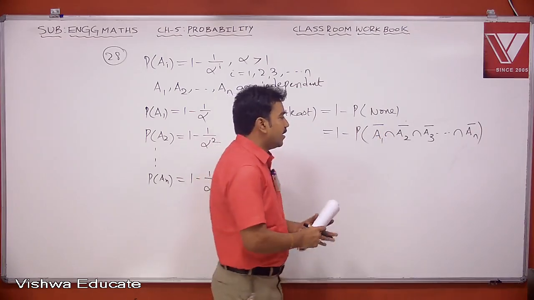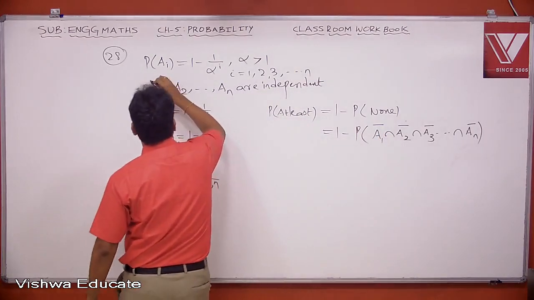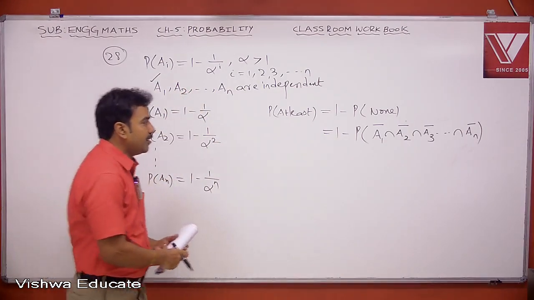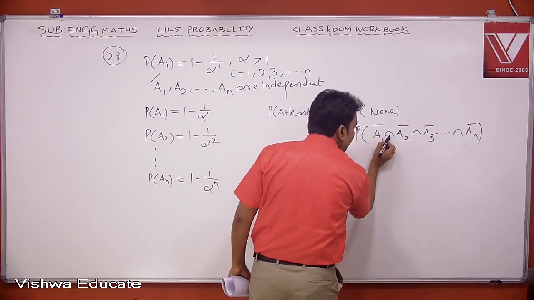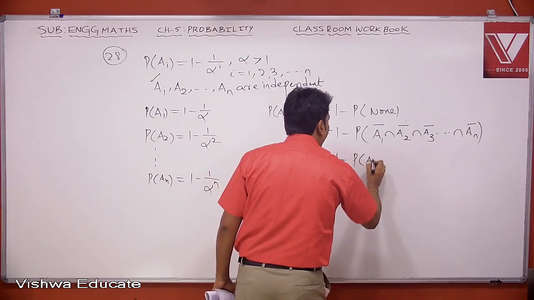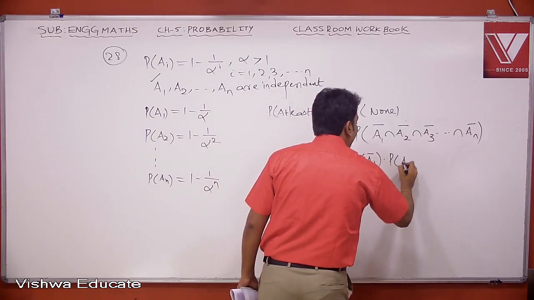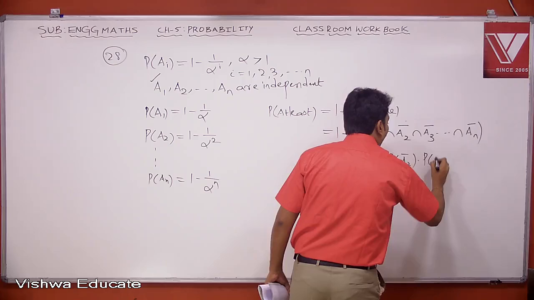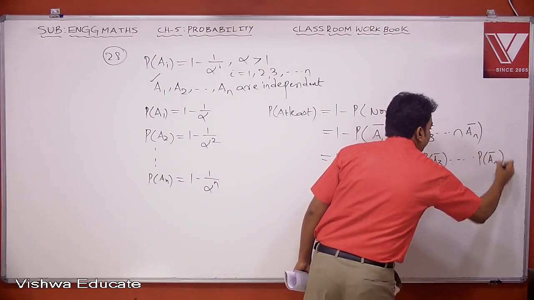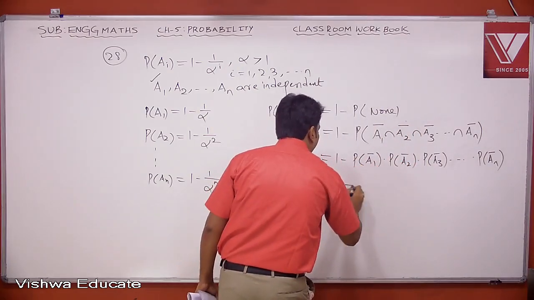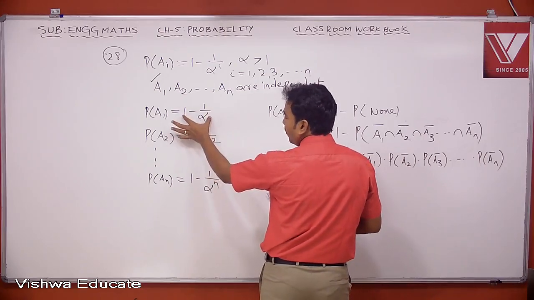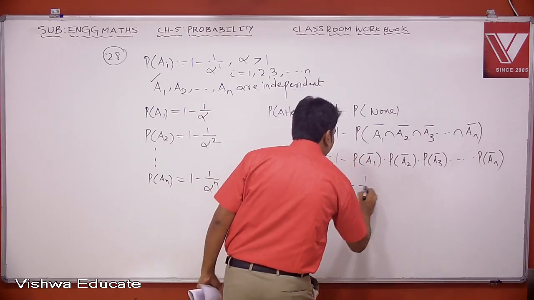Now since all these events are independent, their complements also become independent events. When the complements are independent, the intersection becomes multiplication. Therefore 1 minus P of A1 bar dot P of A2 bar dot P of A3 bar and so on dot P of An bar. Now P of A1 is this, but the probability of its complement is 1 minus this, so we get 1 by alpha.